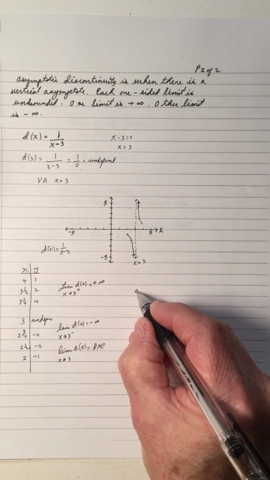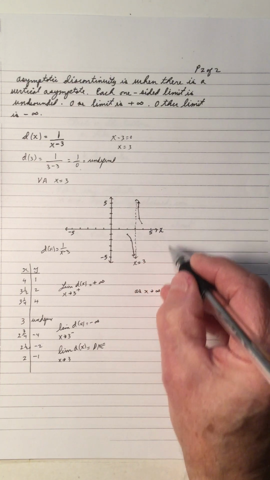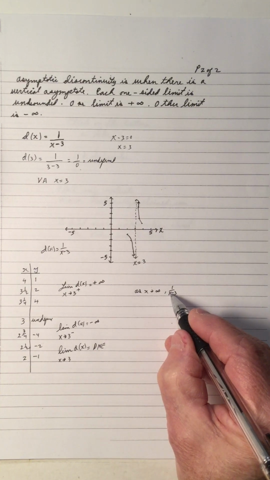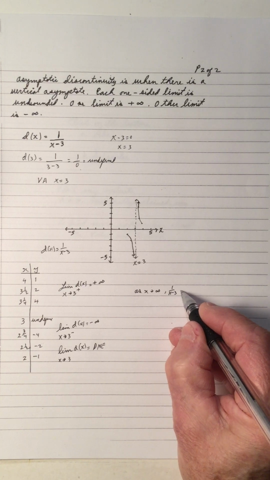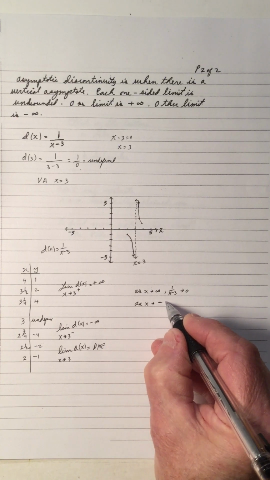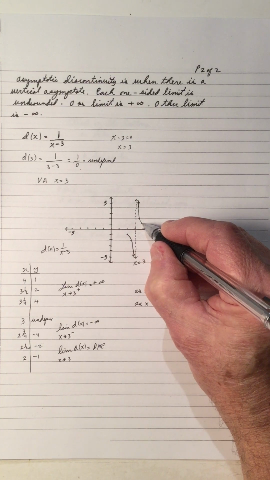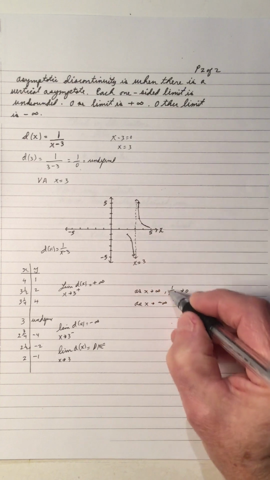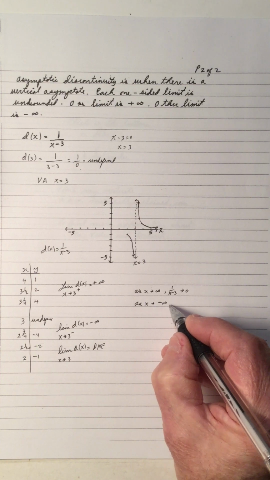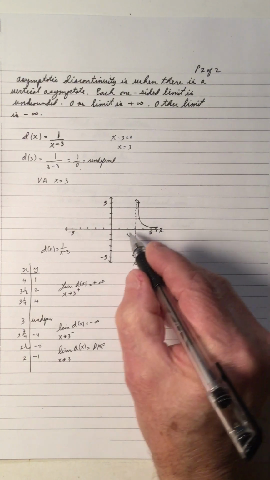Now let's look at what happens as x approaches infinity. As x gets larger and larger, 1 over x minus 3 goes to 0. And as x approaches negative infinity, 1 over x minus 3 approaches 0 also.